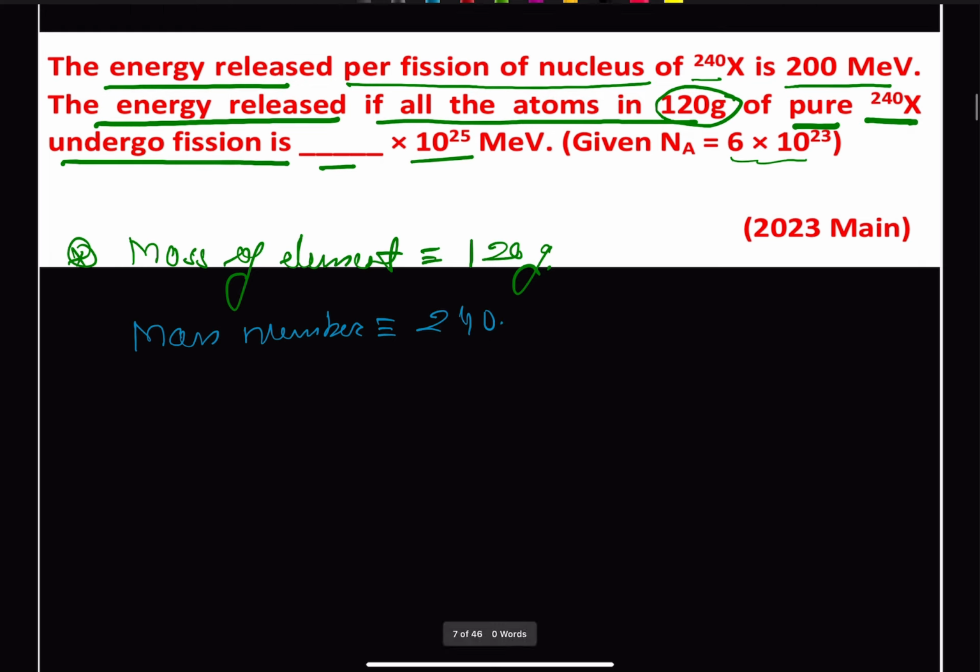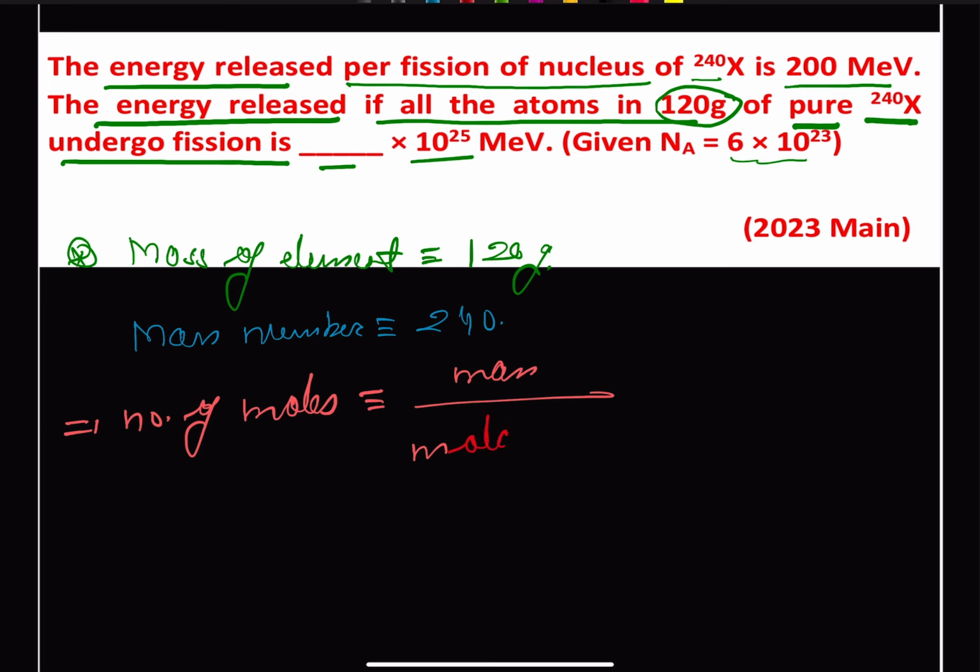From here we can find out the number of moles. So we can say number of moles will be equal to mass divided by the molar mass. Mass given to us is 120 and molar mass is 240. This gives us 0.5 moles.